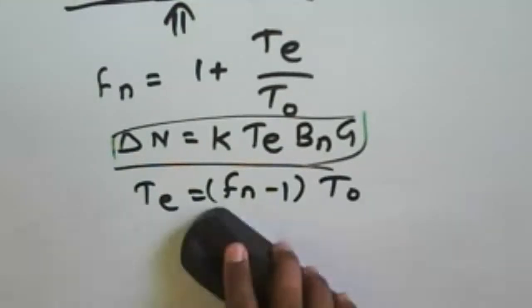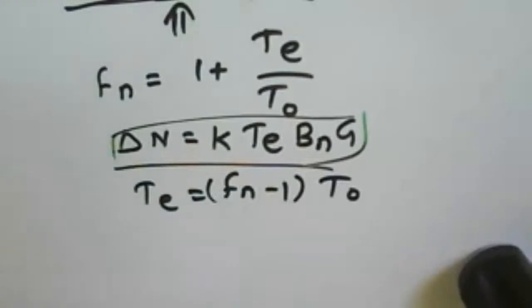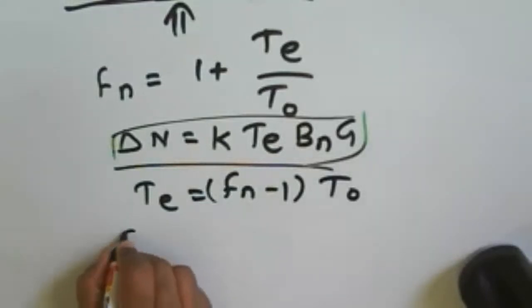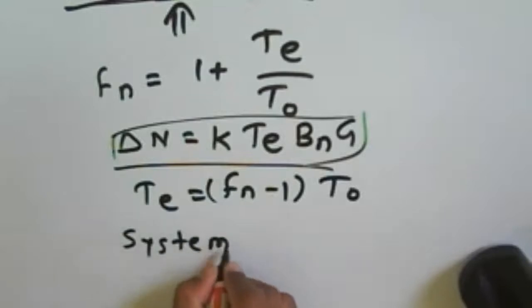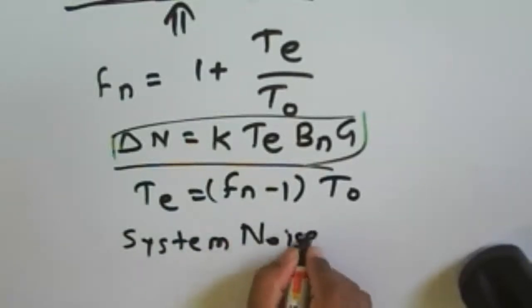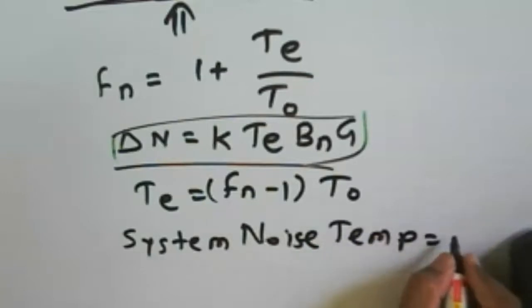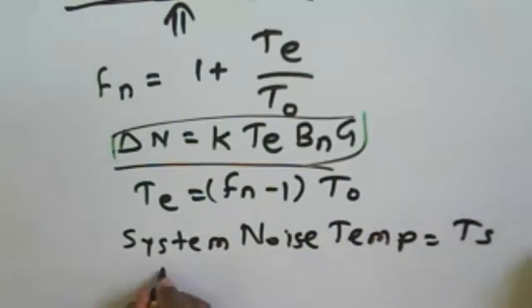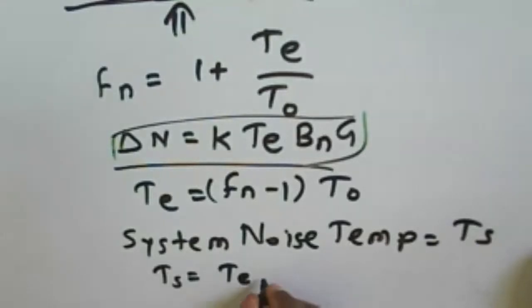So we can write the system noise temperature as TS. TS consists of the effective noise temperature of the devices here plus the temperature of the antenna, the noise temperature effects of the antenna.